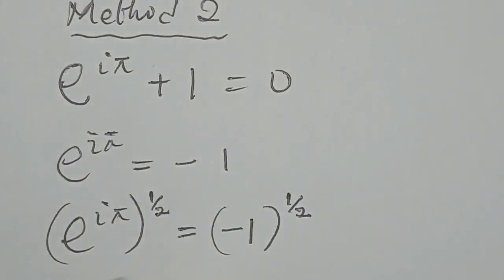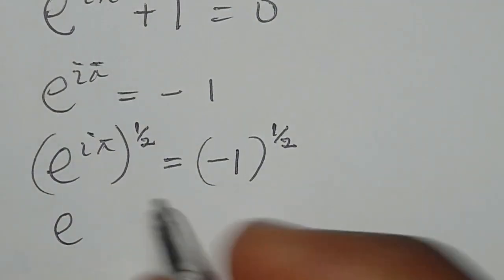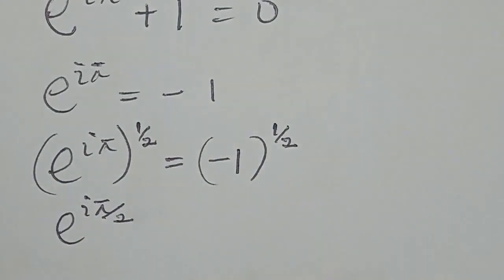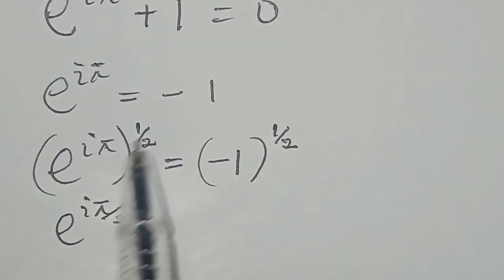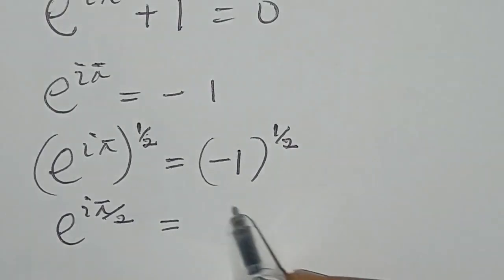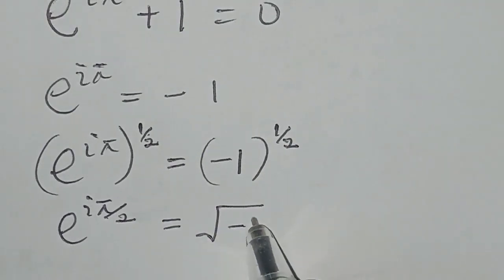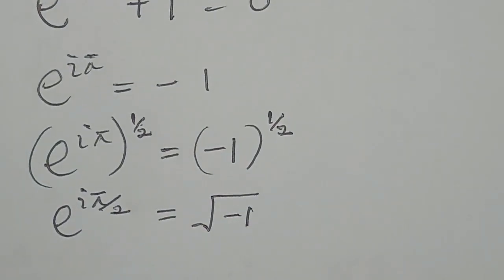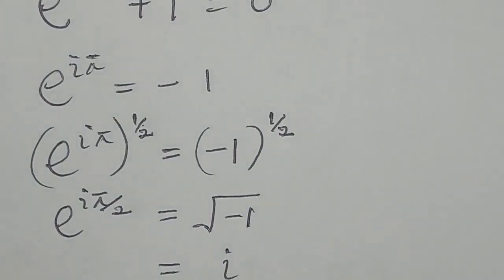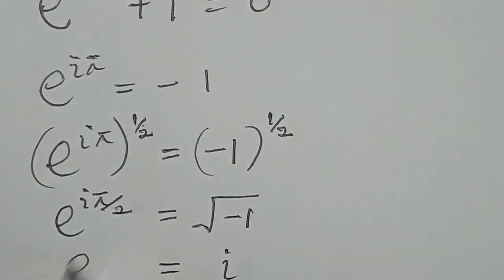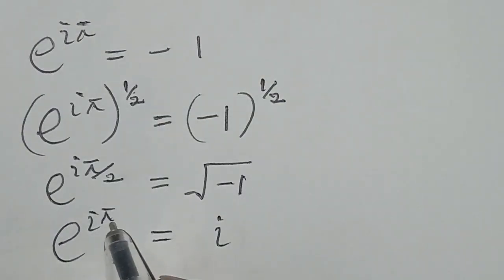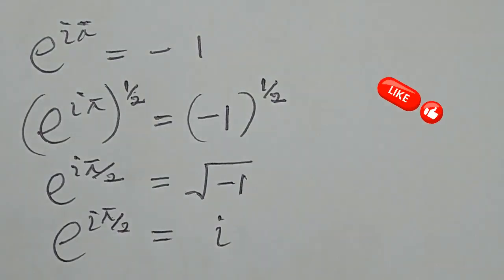So now we can put this as e to the power of i pi over 2 if we multiply this half with the exponent, and this can also be written in radical form as square root of minus 1. And we know that square root of minus 1 is equal to i, and it is given by e to the power of i pi over 2.